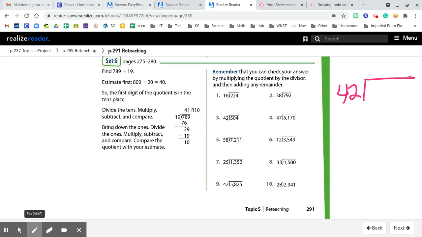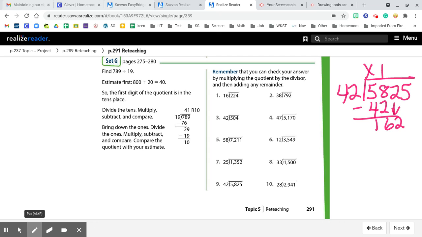42 goes into 5825 one time. We're starting in the hundreds place because 42 obviously can't go into 5, but it can go into 58. So bring down the 2. How many times does 42 go into 116? Well, I know 40 will go into 160 four times, but it's actually 42.